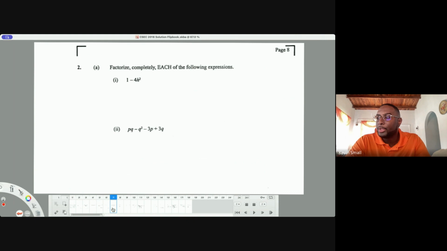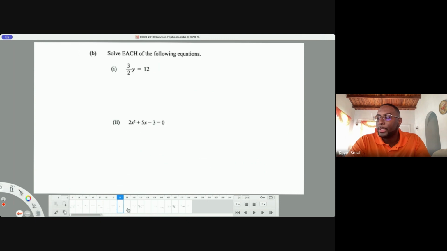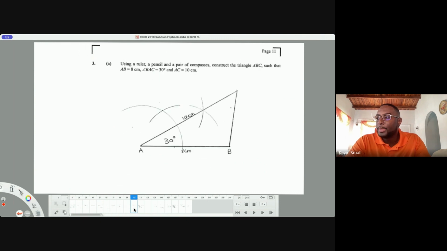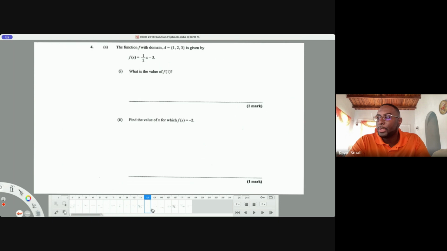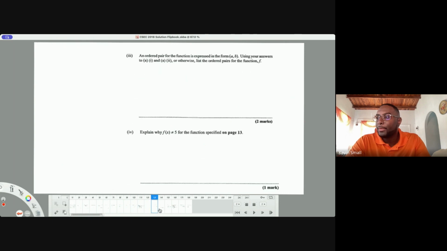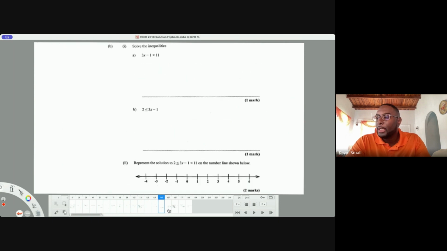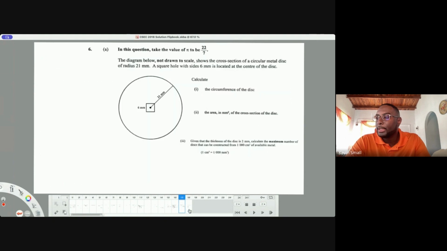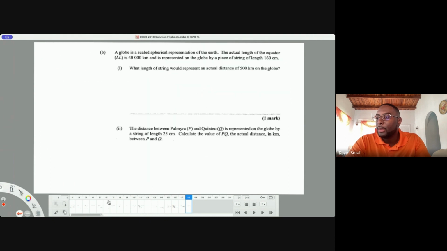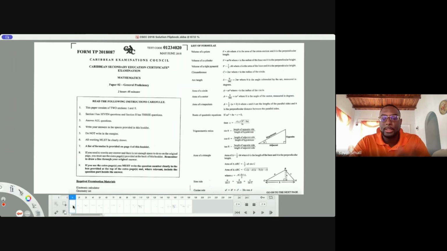Then you have your algebra, your standard algebra, factorization, solving, change of subject, a construction problem, and some geometry transformation. So I'm just doing a quick run through. We have some functions, inequalities, pie chart, some more statistics, and some measurement. All right, so these are some general questions that you get.